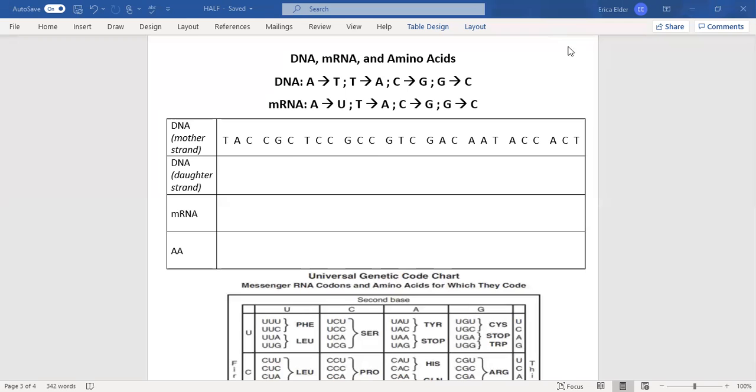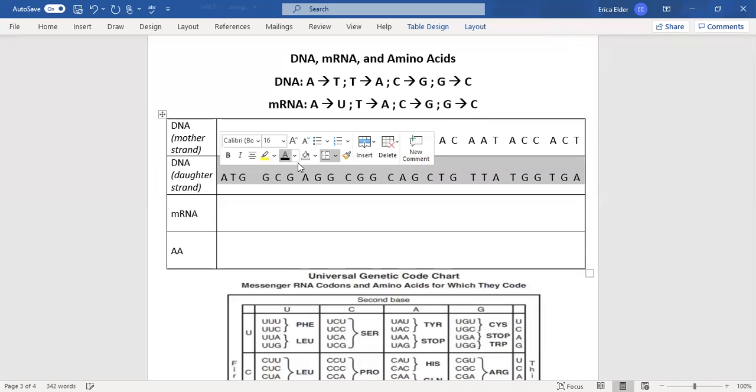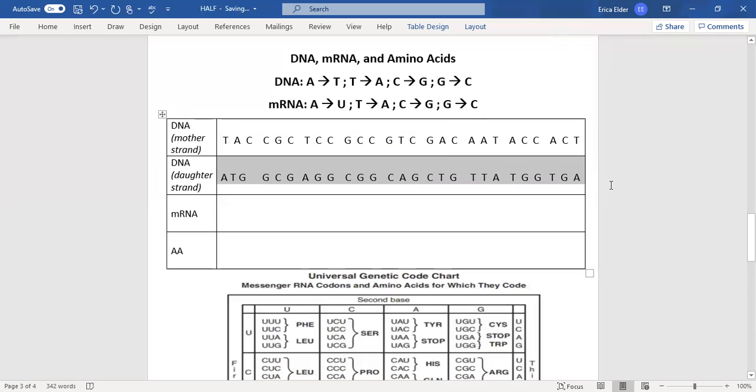All right. So you all have had the time to give that a try. So let's see if you got the same answer I did. For my daughter strand, my first codon is ATG. I then have GCG. My third codon is AGG. My fourth is CGG.